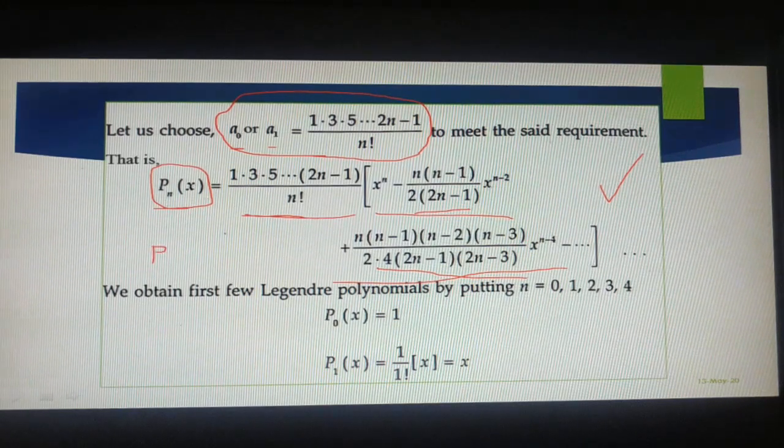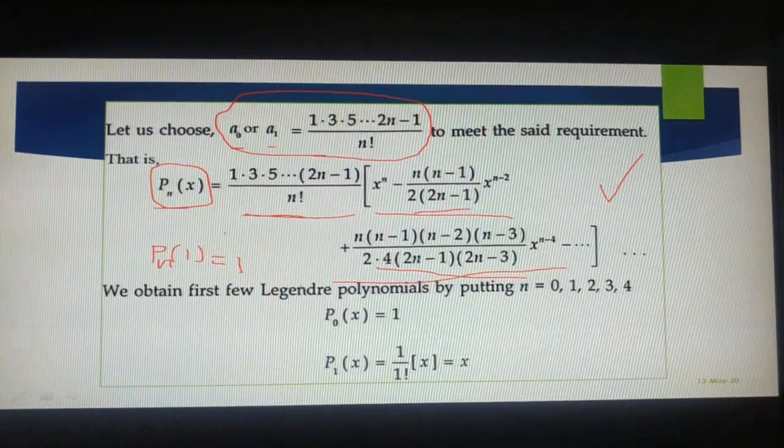Pn of x we can write in this way. So here one condition is that Pn of 1 should always be 1. Okay, so we'll check all these one by one.